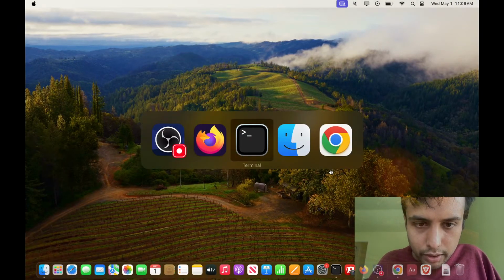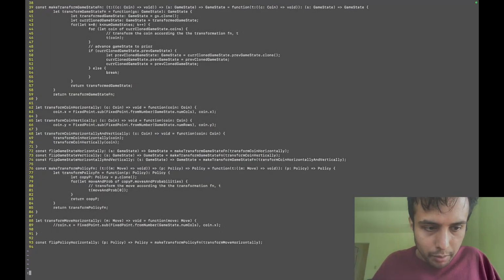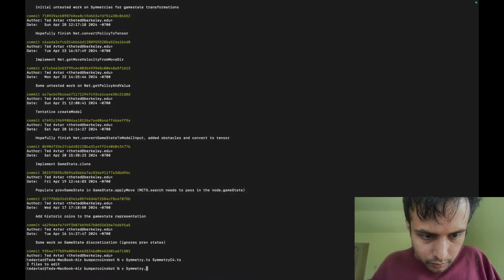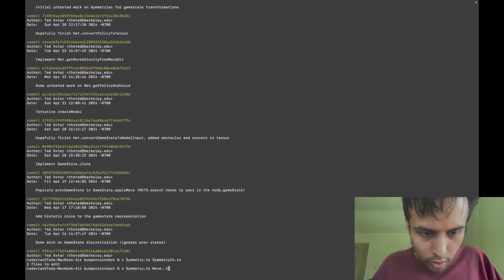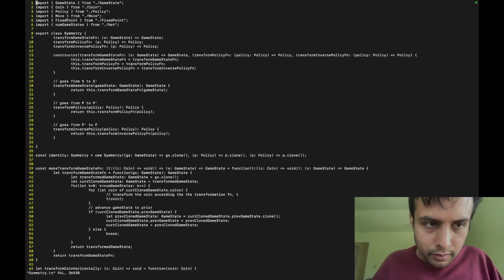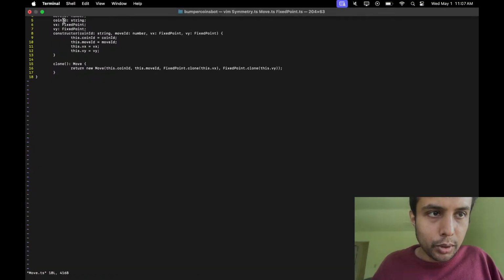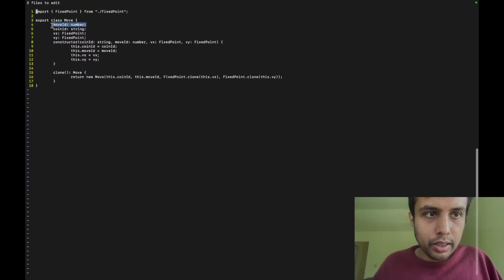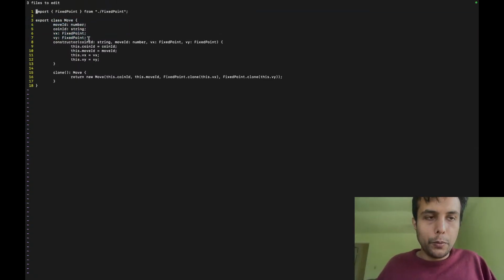In fact, I want to open up move.ts just for reference, and fixed point too. So move, again, is a very simple thing, just move ID, Vx and Vy. The move ID, which we added recently, has to match with the Vx and Vy. They're a bit redundant, but I'm just putting in everything to make the physics work.